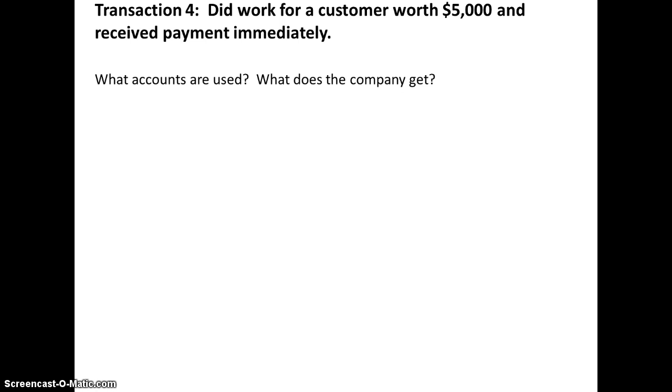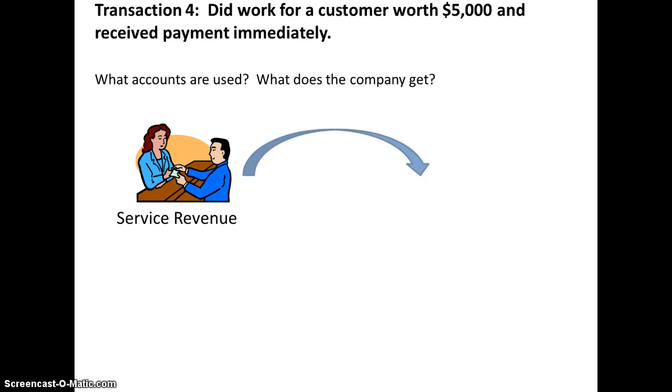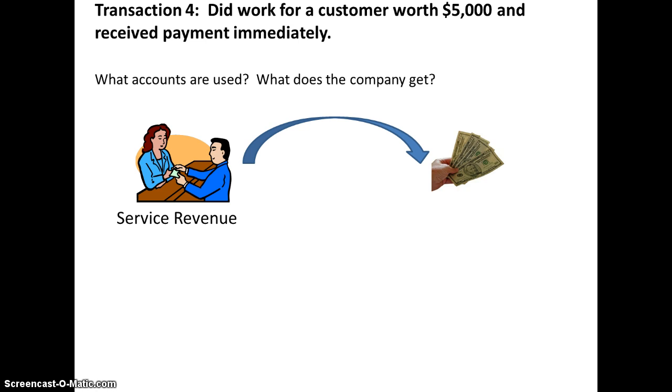Transaction 4. We did work for a customer worth $5,000 and we received payment immediately. Whenever we do work, remember what that's called? That's called revenue. So we did work. Did we receive payment for it? Yes, we received payment, and when we receive payment, we receive cash, or we record it as cash or checking.